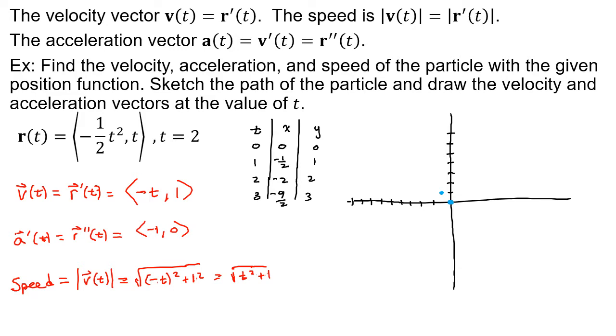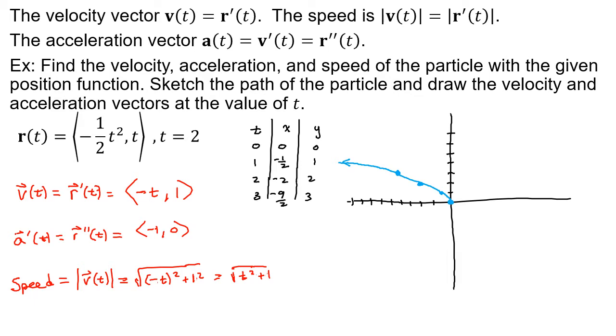The point negative 2, 2 would be about right here. 9/2 would be 4.5, and up to 3, it's about right here. And so we're going to get a parabola kind of shape, going down this direction. Since we are increasing our t values from the origin off to the left, our arrows are going to go this direction. And that is my r, my vector function.